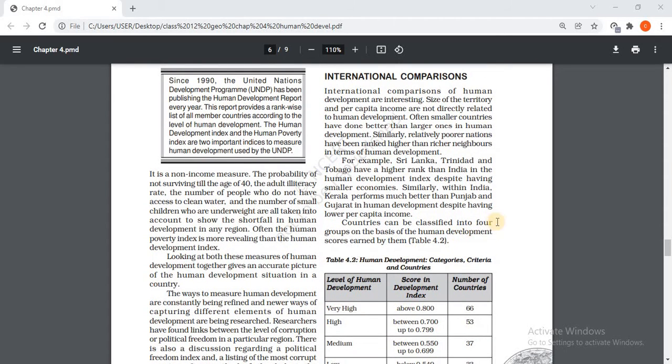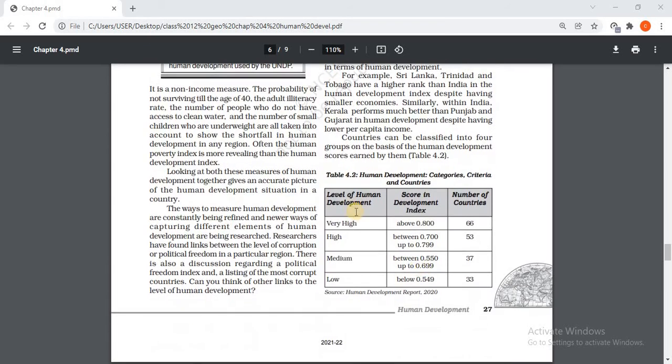Countries can be classified into 4 groups on the basis of human development scores earned by them. Table 4.2, the human development categories, criteria and countries. The level of human development, score in development index, the number of countries. Very high, score above 0.800, 66 countries. High, between 0.700 up to 0.799, 53 countries.